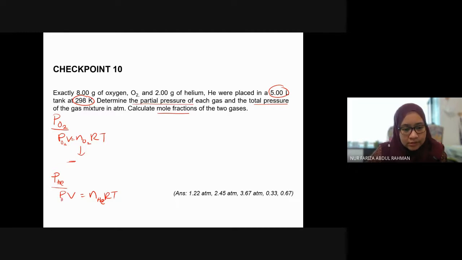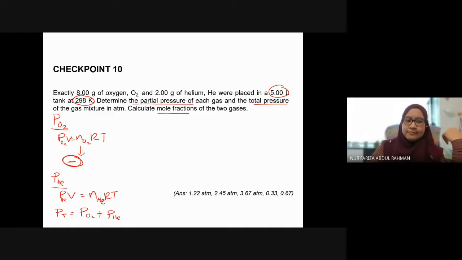This is helium also. So you will get the partial pressure for each one of them using PV = nRT. Last but not least, you will calculate P total, where you add PO2 just now with P helium. So normally students will go for this method.